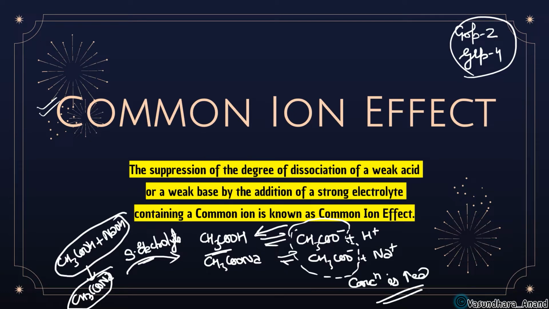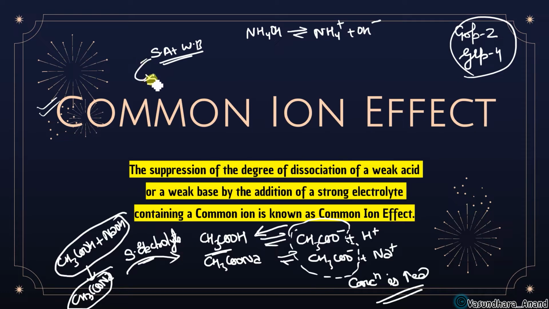effect. Got it? Another example we can do in this way, like NH4OH, a weak base I'm using. This is going to dissociate into NH4 plus and OH minus, and if I use a strong electrolyte, in this case strong acid plus weak base, that will also be a strong electrolyte.